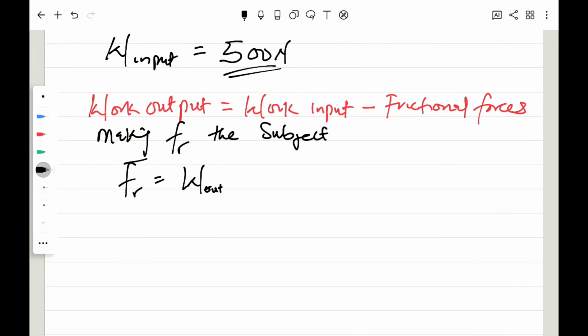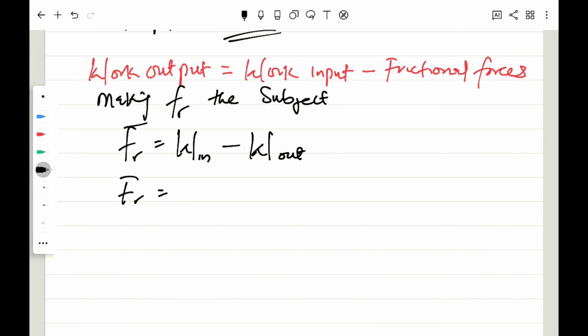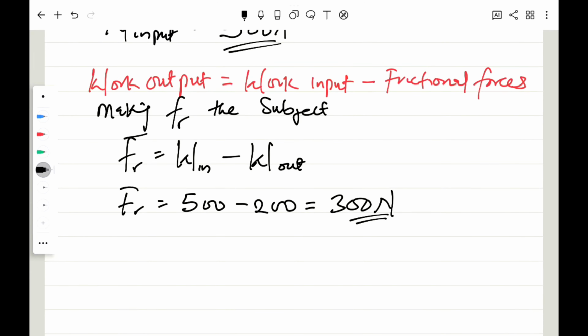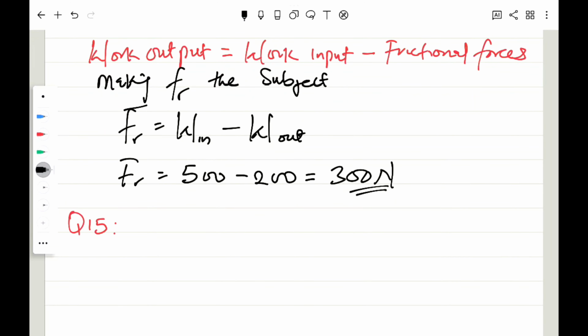Work input is greater here, so work input minus work output, we want to avoid a negative sign. So that F of R is equal to 500 minus 200, which is equal to 300 Newton. That gives you your final answer.